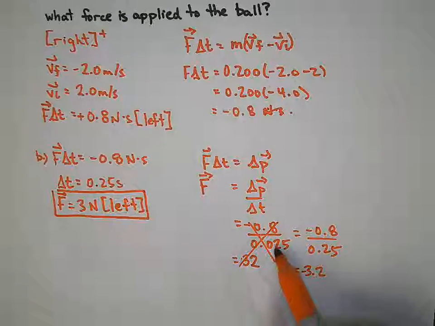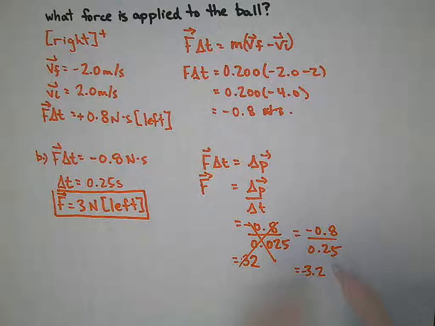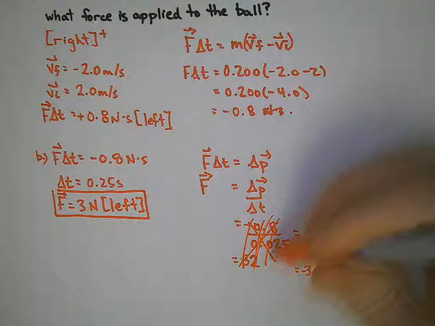My initial example had 0.025. I changed it in this case to 0.25. That's where my mistake initially came from.